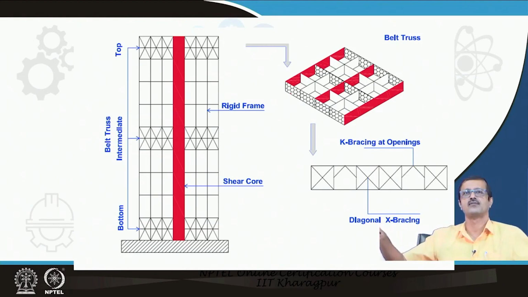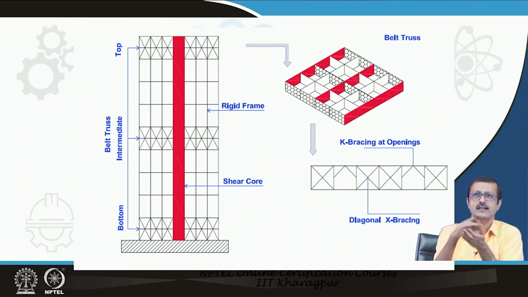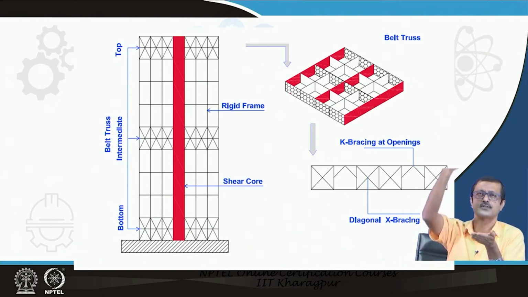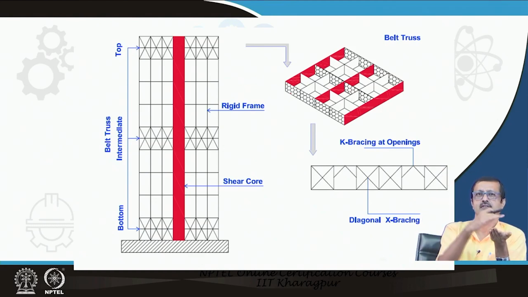That extends to the perimeter column, and you can think of that floor as the service floor of your tall building, because a tall building requires a service floor at intervals of 10 to 12 floors. So the service floor can be used as a belt truss floor or intermediate floor. There will be a bottom belt truss and a top belt truss also.